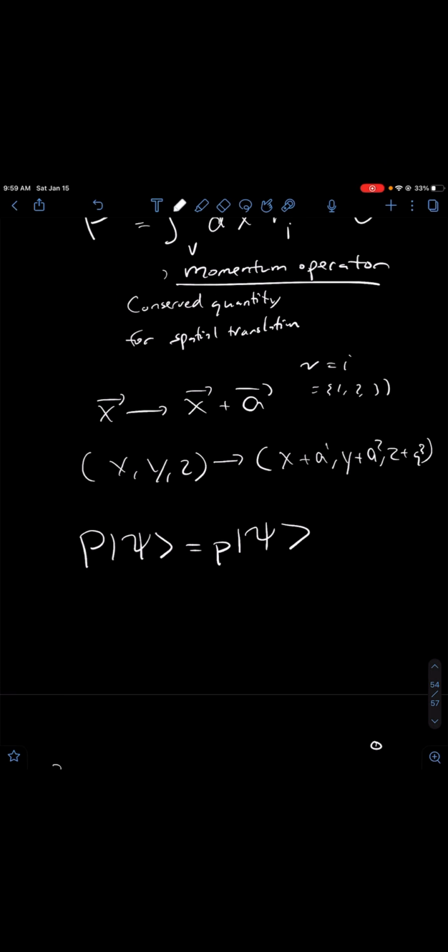So that's the relation to momentum. And in classical mechanics, it's actually the same thing. Space translations give us momentum as the conserved quantity. In QFT, it's not momentum anymore, it's the momentum operator. And this is how it's related to the classical momentum.